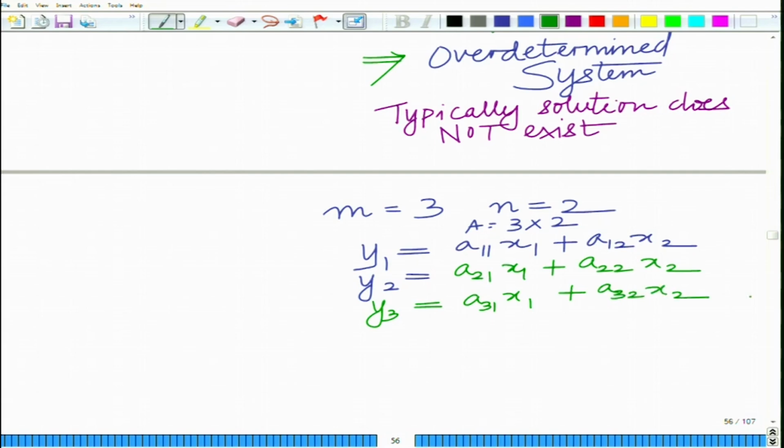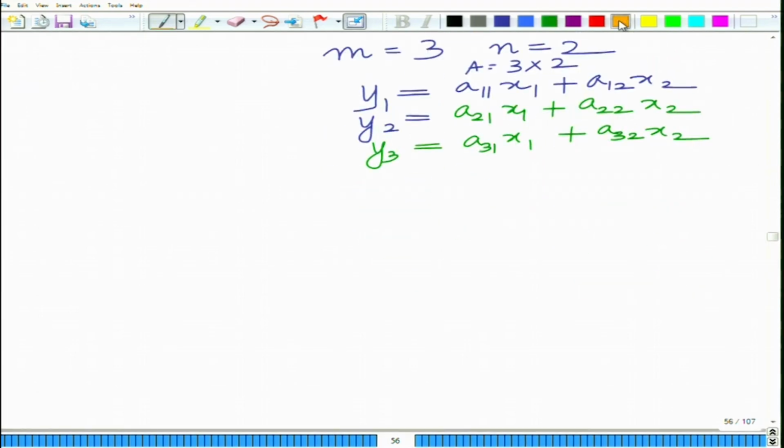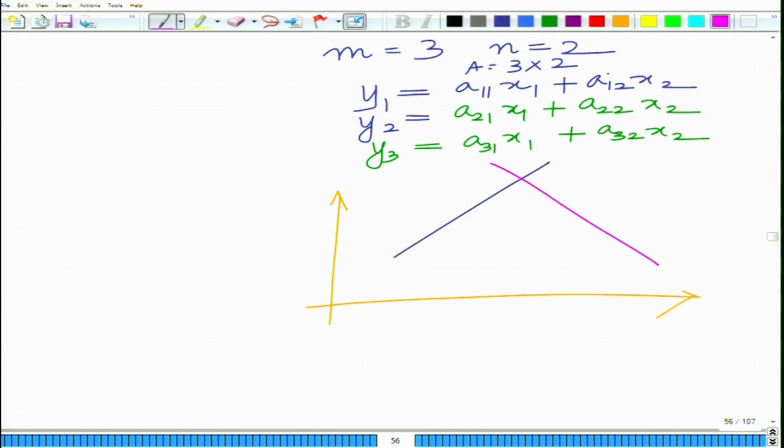Now you can see these three represent 3 lines. So what happens when you plot these things? You basically have 3 lines, each represents a line.